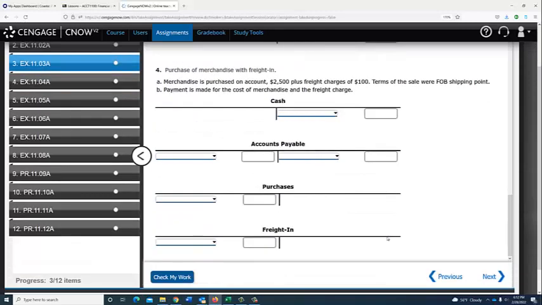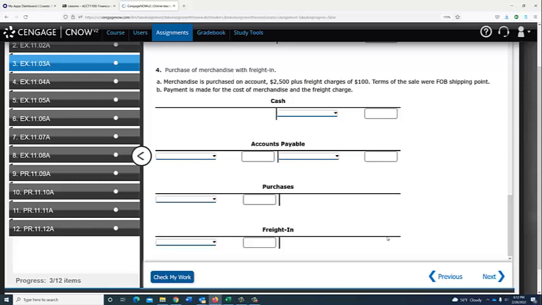Okay, in 4, the purchase of merchandise with freight. Merchandise is purchased on account with $2,500 plus freight charges of $100. Terms of the sale were FOB shipping point. So if the sale was FOB shipping point, then I know that I need to pay the freight charges. I'm the buyer.